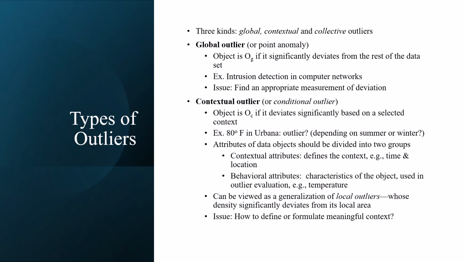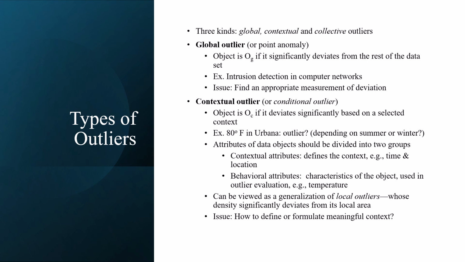Generally, in contextual outlier detection, the attributes of the data objects in question are divided into two groups. First, the contextual attributes. The contextual attributes of a data object define the object's context. In the temperature example, the contextual attributes may be date and location. The second category is the behavioral attributes.